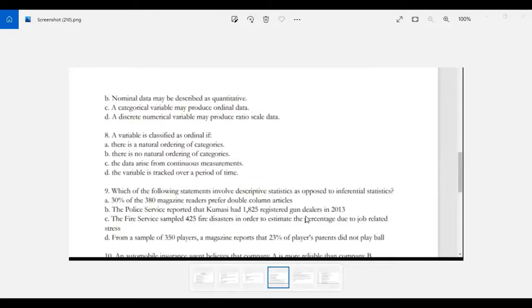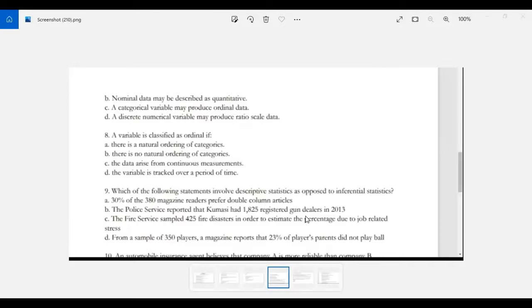B. The police service reported that Kumasi had 1,850 registered gun dealers in 2013. C. The fire service sampled 425 fire disasters in order to estimate the percentage due to job-related stress. And D. From a sample of 350 players, a magazine reports that 23% of players' parents did not play ball.